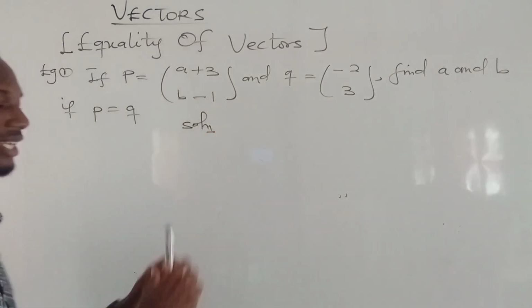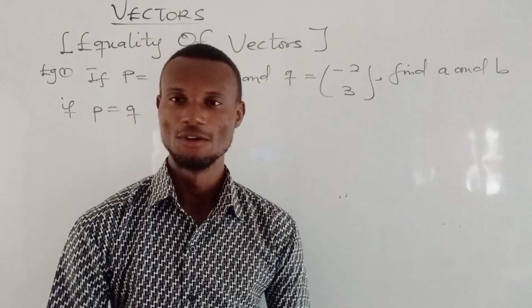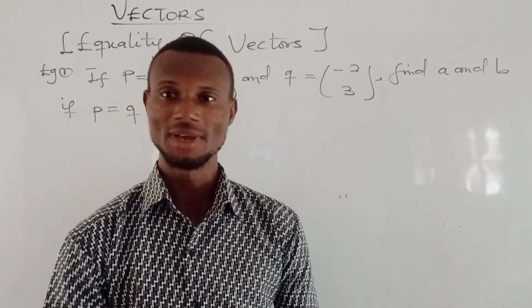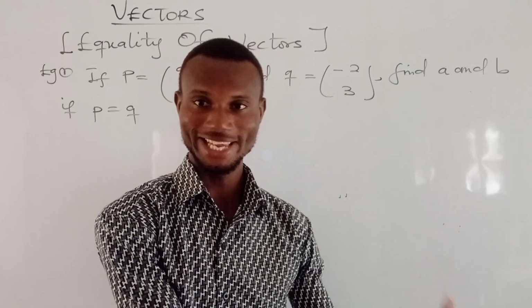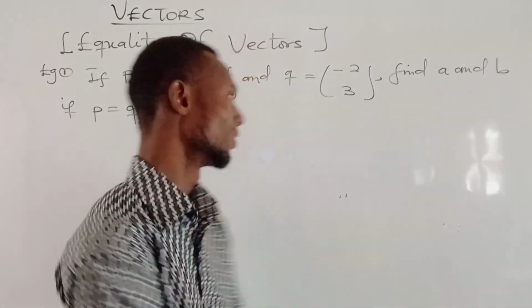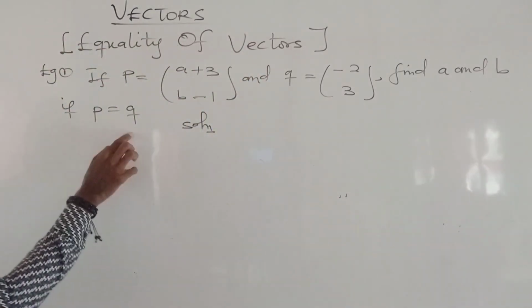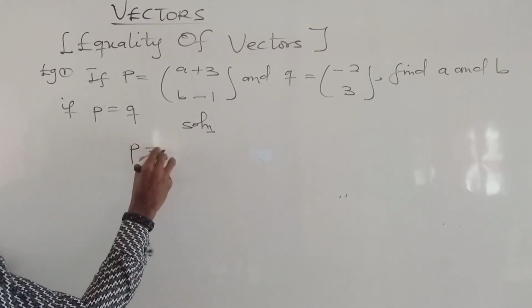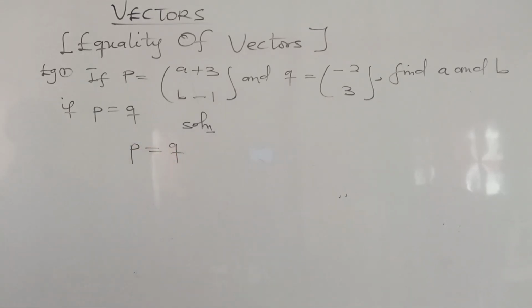Now there is a condition given for us to find the values of A and B. It says that if P equals Q, so we are going to use that. I'm going to write down that my P equals Q. That's what the question says.